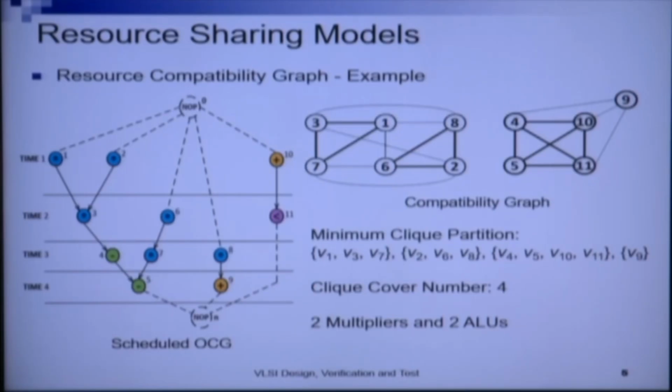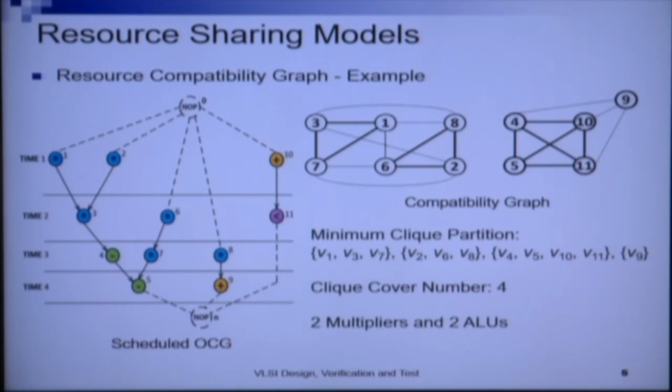Similarly, 1 and 7 are also compatible. Why? Because 1 and 7 are two operations that can be implemented by the same type of functional unit, multiplier again, and they have been scheduled in different time steps, here time step 1 and time step 3. Likewise, all operations which share an edge are compatible.